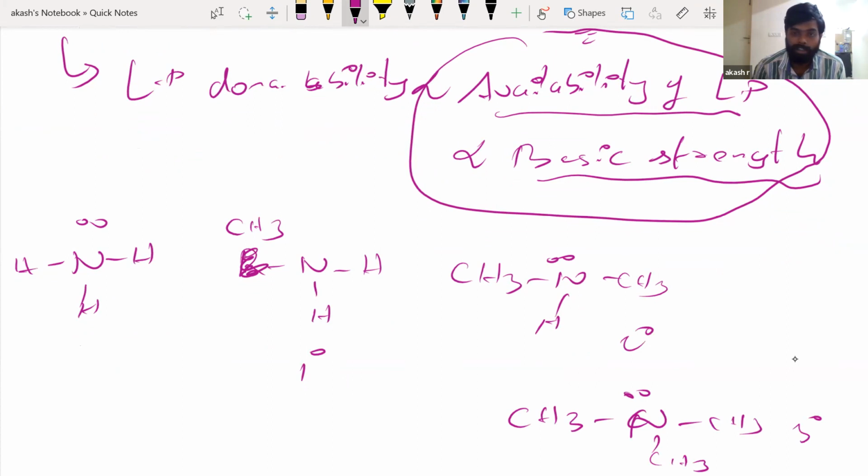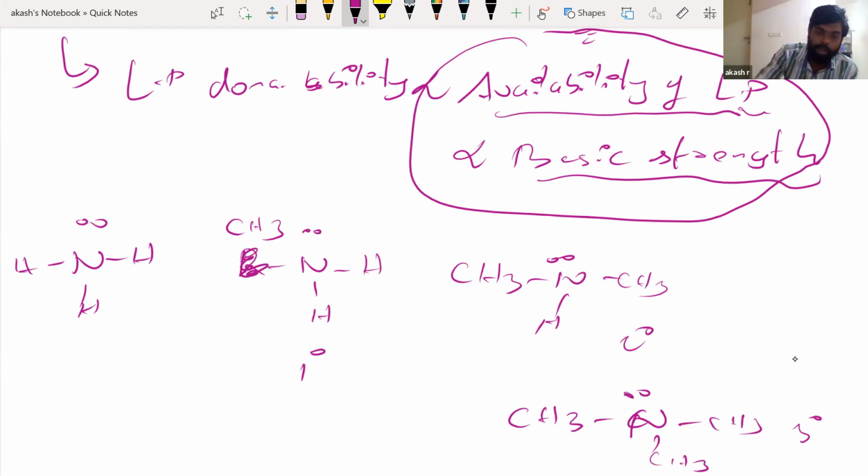Now, what did we say? We say that more and more is the lone pair available. In all of them having nitrogen atom, in whichever nitrogen atom the lone pair is most available, that particular molecule becomes the strongest base. Now, we have to speak in terms of an inductive effect.